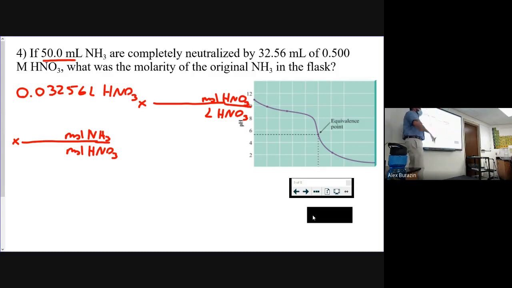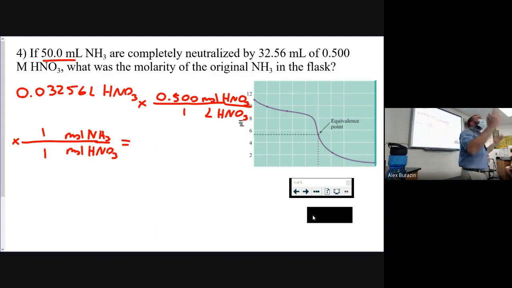Molarity is moles per liter. We got our two pieces. Let's plug in what we know. Molarity of acid is 0.5. Ratio, 1 to 1. Now, this is non-traditional, right? That doesn't have hydroxide in it, so to speak. But this is a base.